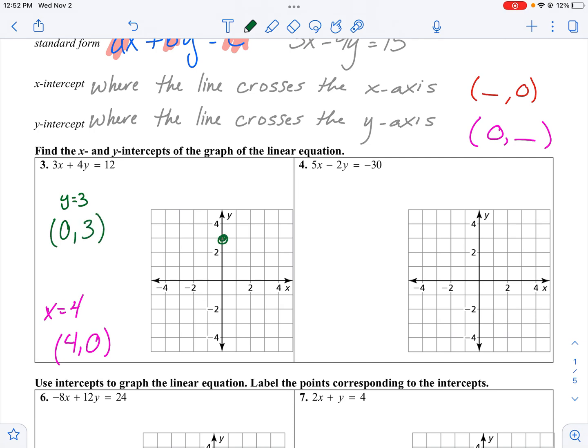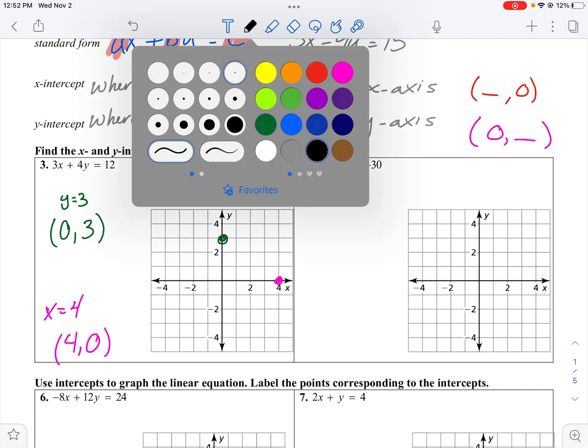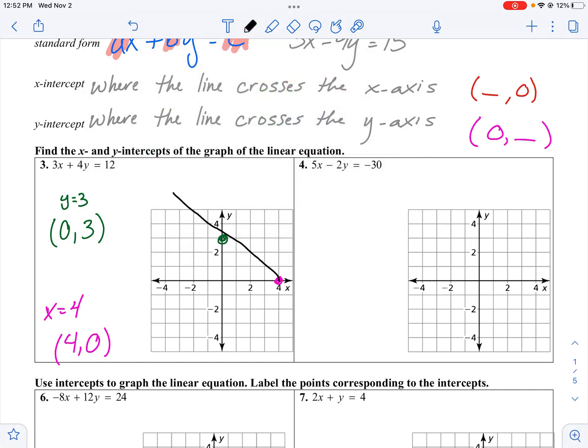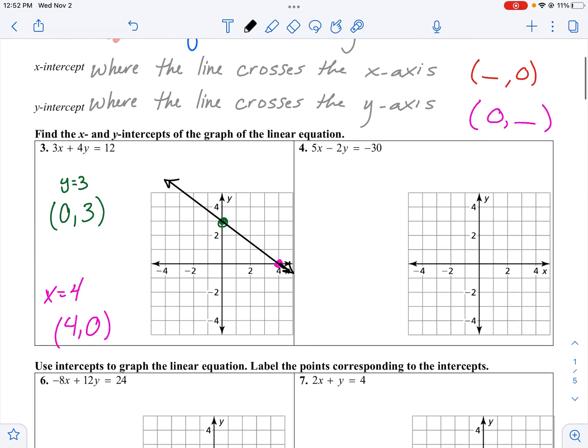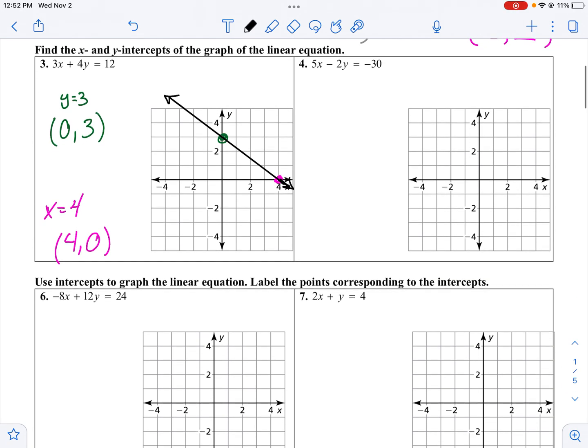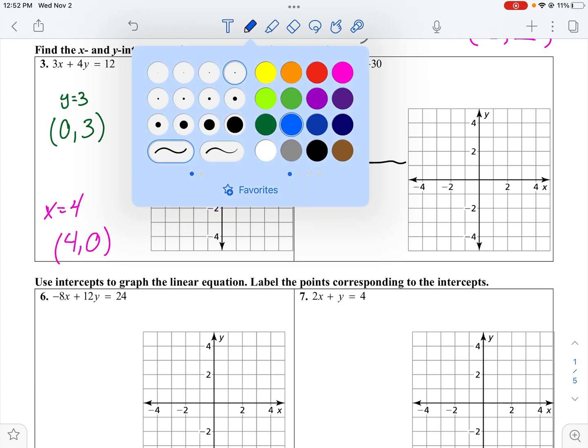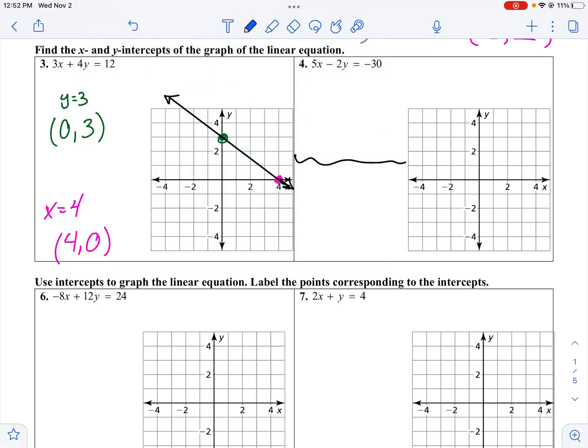So I'd put a point at 0, positive 3 and positive 4, 0. And now I've got 2 points. I can make a line by connecting my x-intercept and my y-intercept. So what I'm going to do is find my x-intercept, find my y-intercept, and then connect those 2 points to make a line.